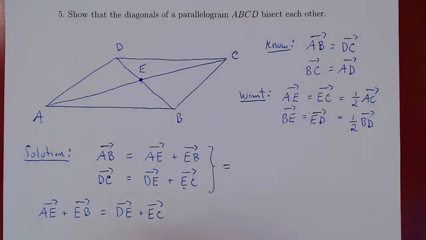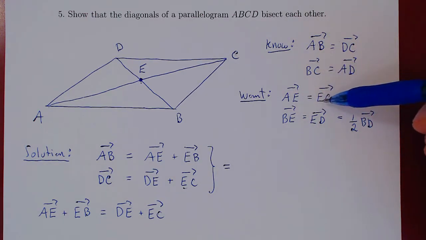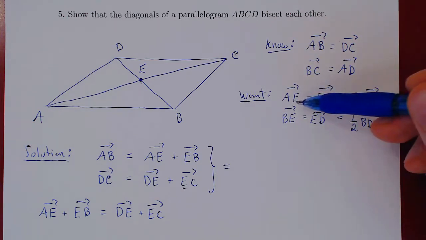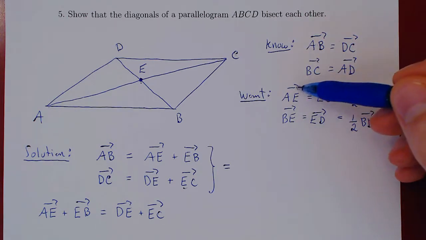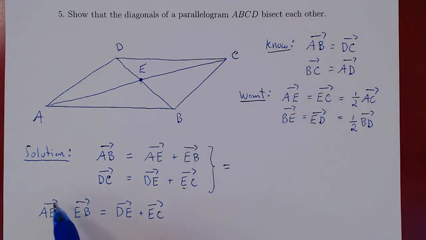Now the question is, where do we go from here? Well, if you're ever unsure of how to proceed next, go back to what it is that you want to show. We want to show that AE equals EC and BE equals ED. Well, if you think of it this way, what we're saying is that the vectors AE and EC go together, but as you can see, AE is on the left of the equality, EC is on the right of the equality.